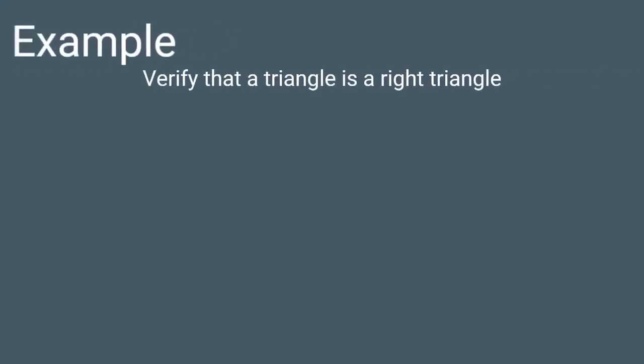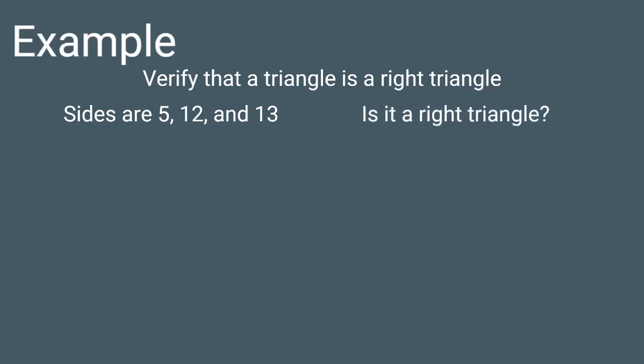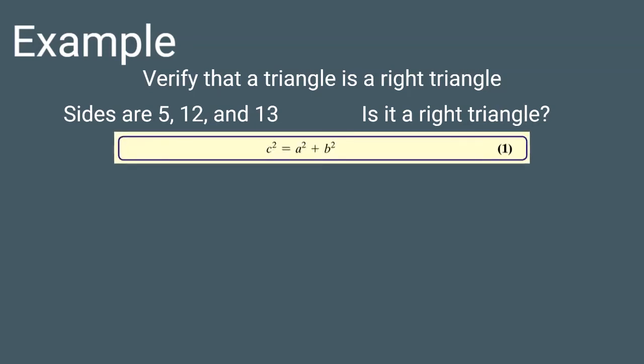For this example, we are going to verify that a triangle is a right triangle. We are given 3 sides, lengths 5, 12, and 13. The question is, is it a right triangle? First, pull out your Pythagorean theorem. Next, square the lengths of each of the sides.